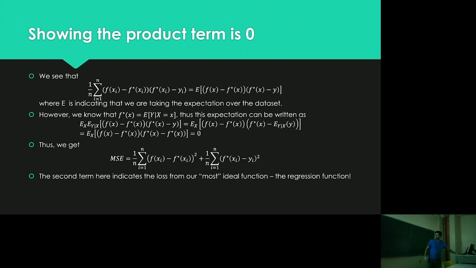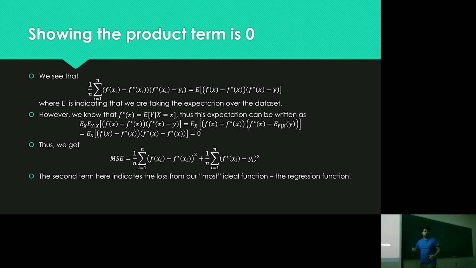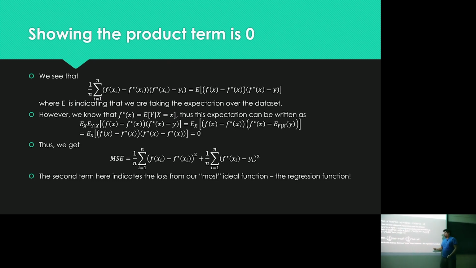And so the second term here indicates the loss from our most ideal function. Remember how we said that you can have two inputs that are really close together or the same and have different outputs? You're going to have some discrepancy there, right? So this second term indicates the difference between the most ideal function and the outputs, and the difference between the outputs themselves.